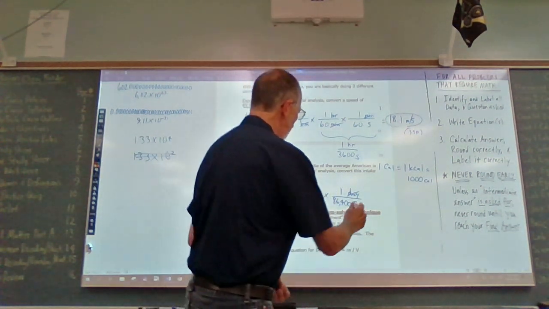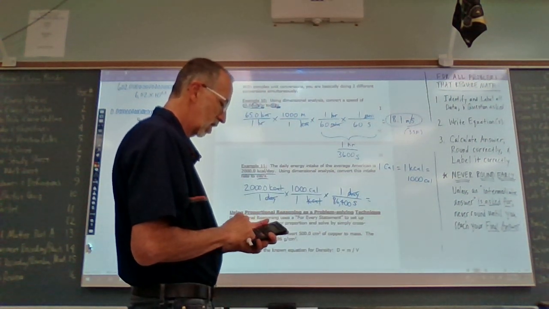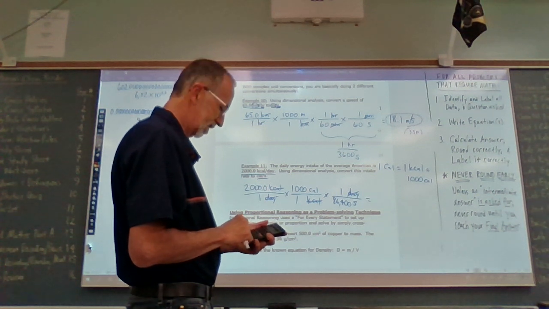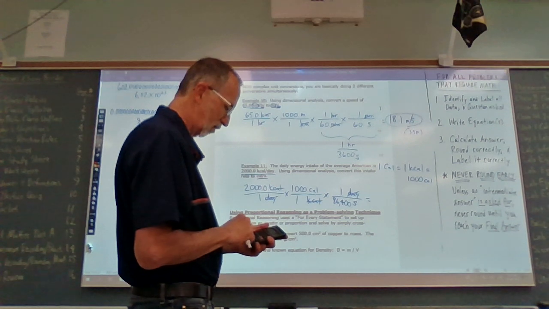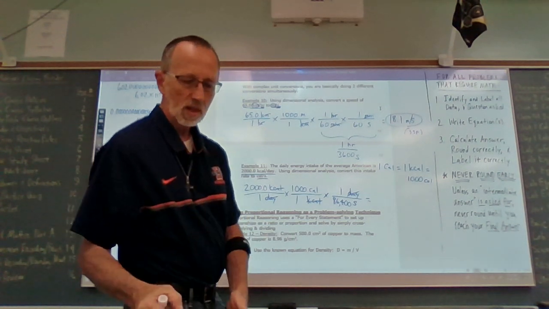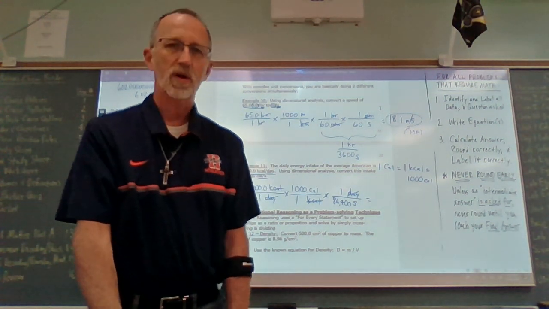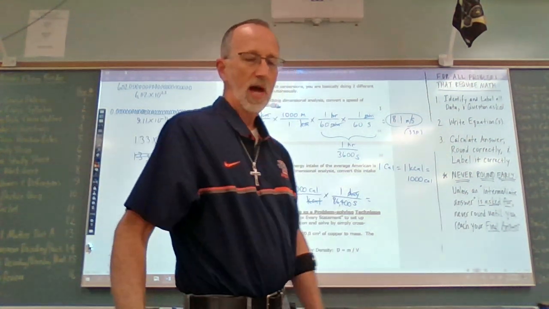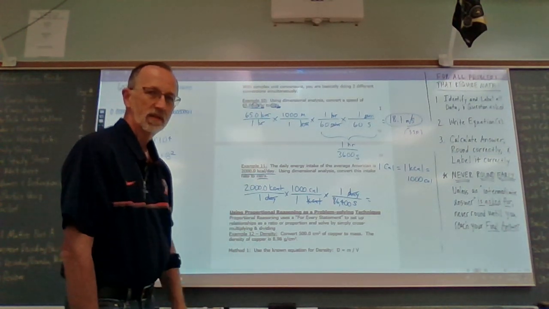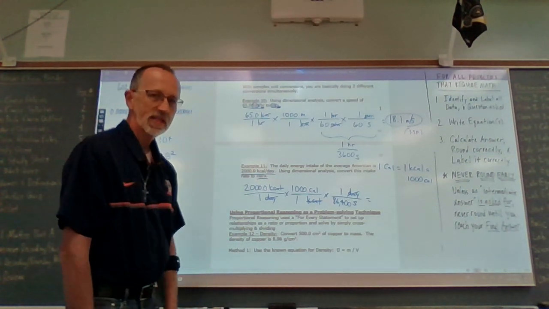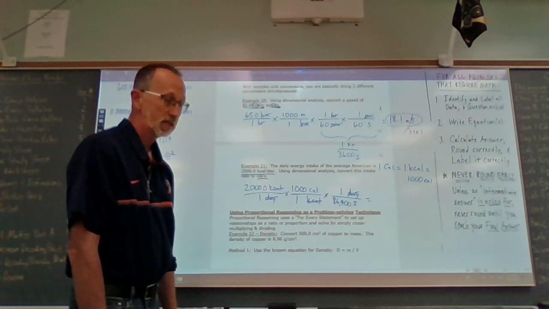All right, so we're going to take 2,000.0 times 1,000 divided by 86,400. 23.148148 repeating. Well, how many sig figs do we need? Well, take a look at that. A lot of zeros in there. Well, remember, zeros at the end of a number to the right of the decimal are significant.